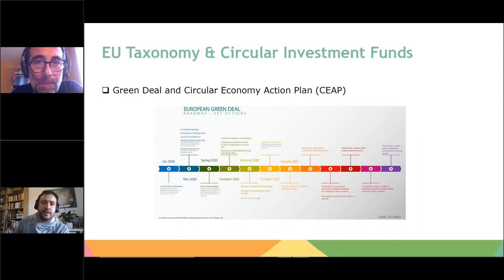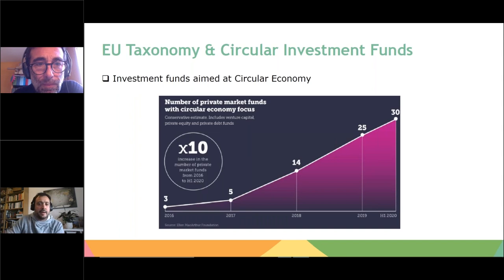One was setting up the European Green Deal and the Circular Economy Action Plan, in which they set up some measures to address the circular economy implementation in different sectors of the economy, and obviously one of them is the building construction sector, with the support of private investment as well.